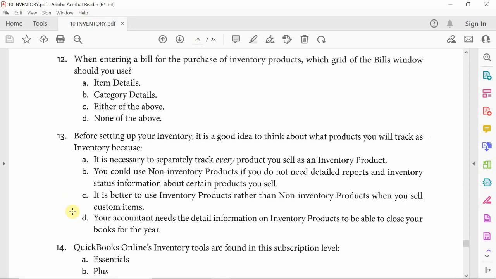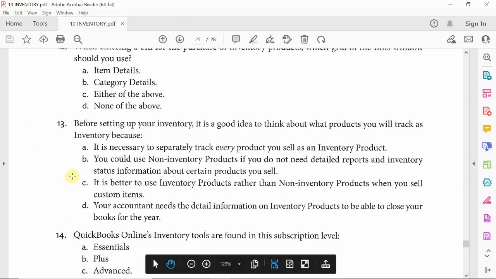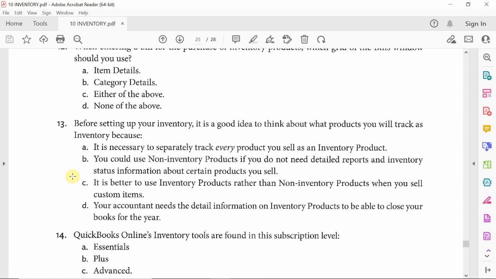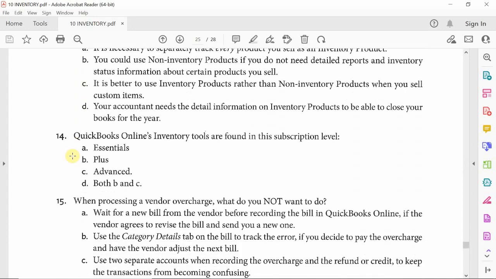B is correct, because you only have two options if you are selling a product: either you keep track of it or you don't. So you have options, and you should decide between the two. If you decide to make them all inventory items, you're keeping track of every single item, even the ones you don't normally sell all the time.